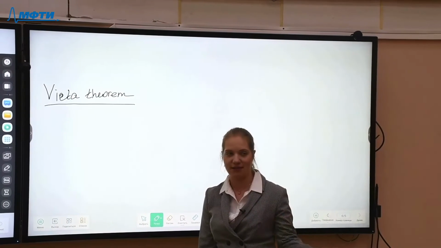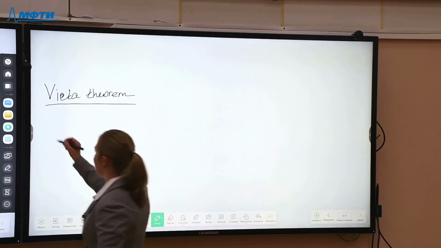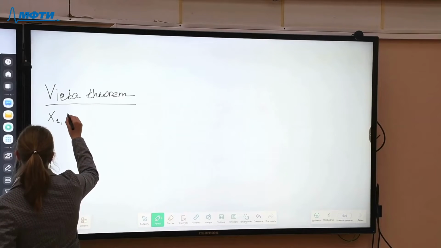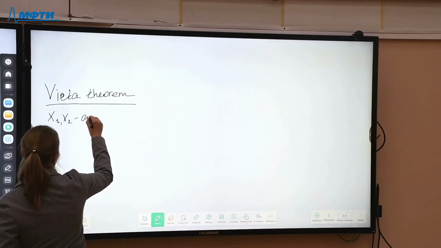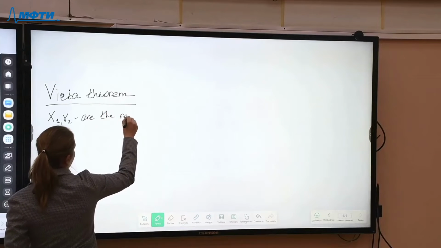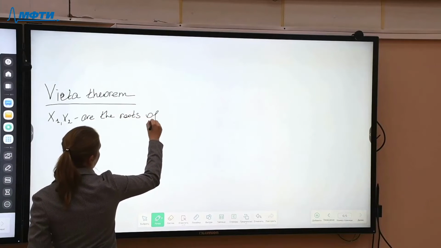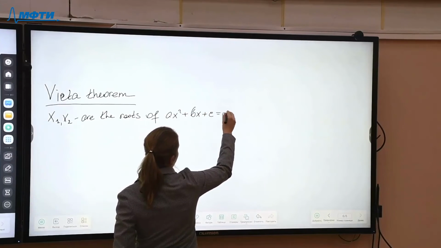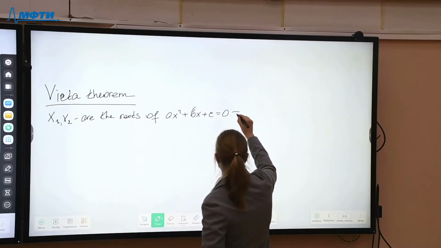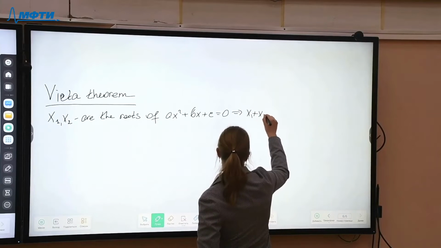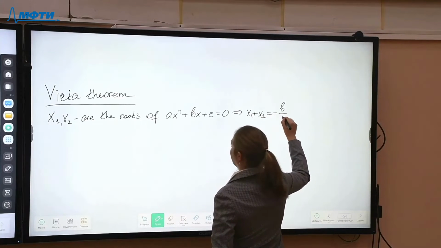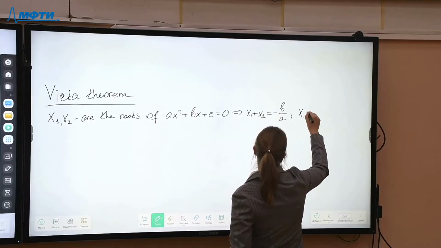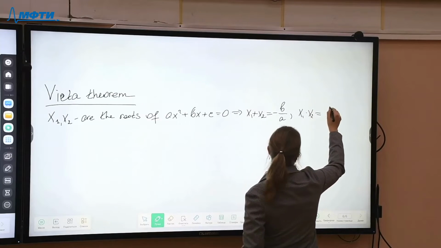Maybe they coincide, maybe not, doesn't matter. So if x1, x2 are the roots of ax squared plus bx plus c is equal to 0, we have that x1 plus x2 is minus b over a, and x1 times x2 is c over a.